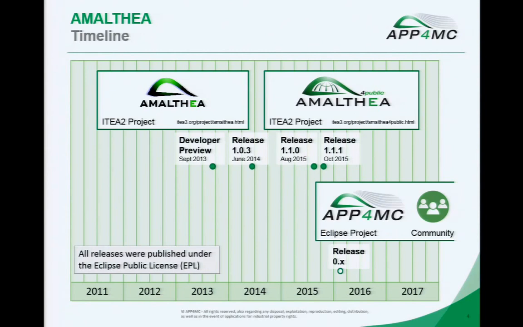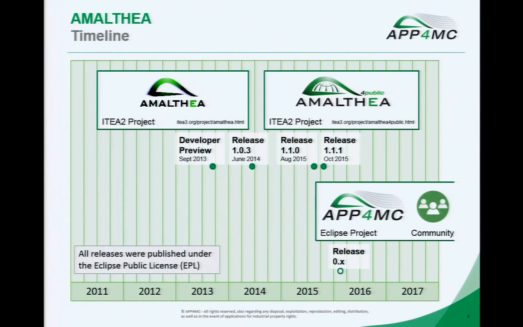So all our releases from the beginning are published under the Eclipse public license. And after 3 years' work, we released the first official release 1.0.3. And this was the one that was also published and was downloadable on our website.